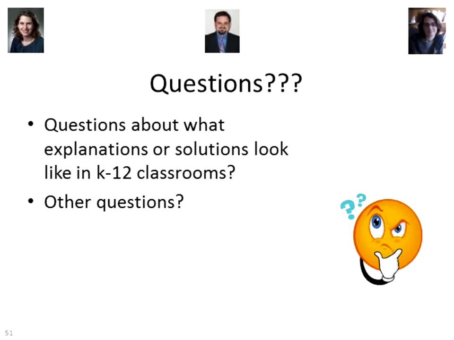So we've definitely talked about or worked with classrooms to help the kids think of different criteria for their explanations, and often this comes in the form of question stems or things that they would think about when evaluating other people's explanations.